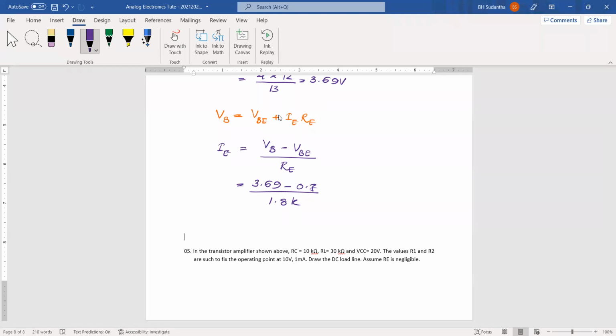When we have K, you can take it up, then that is milliampere. So 3.69 minus 0.7 divided by 1.8 is 1.66 milliamp. Now that is the one parameter we need.